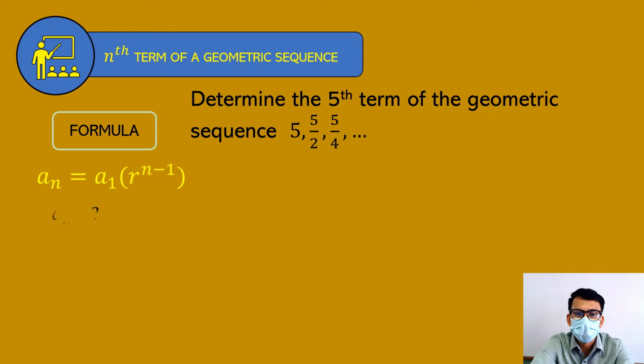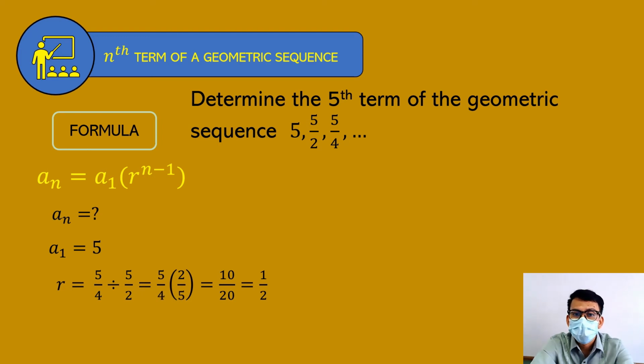So what are the givens? We are going to find a sub n, which is a sub 5. The first term is equal to 5. The r is 1 half. Again, 5 fourths divided by 5 halves, that is 10 over 20, or equals 1 half. And n is equal to 5 because you're going to find the 5th term of the sequence.